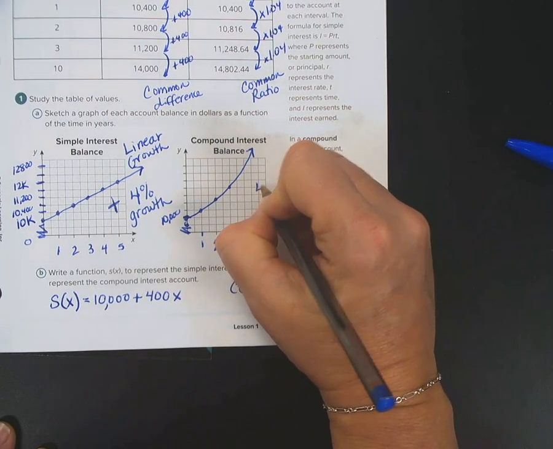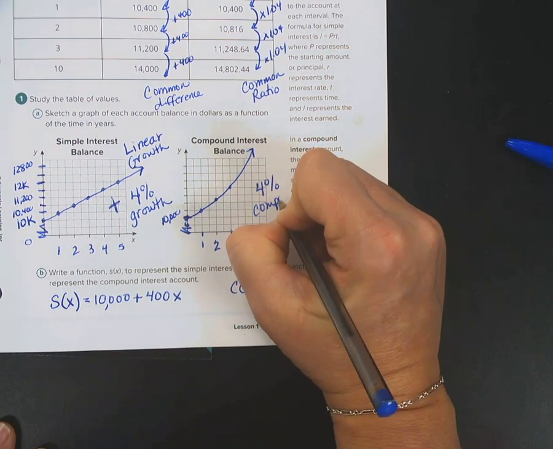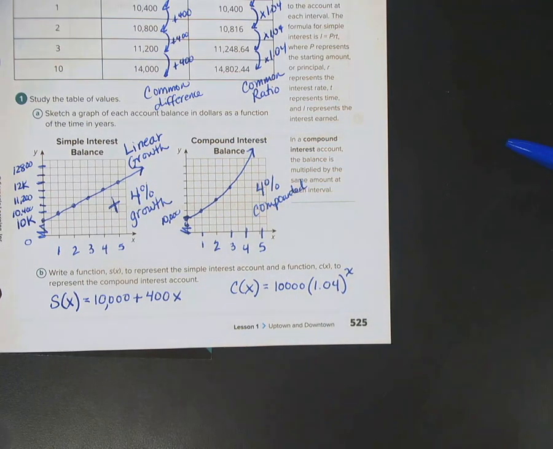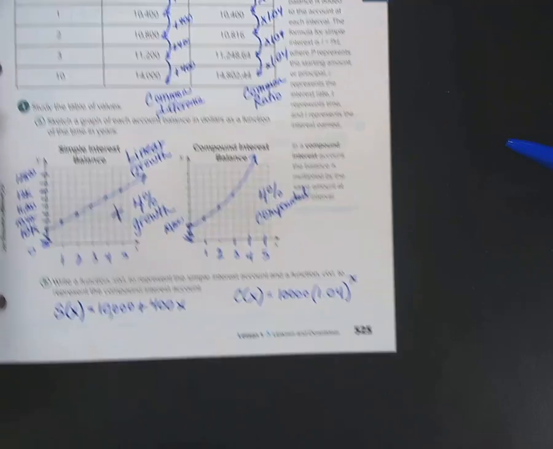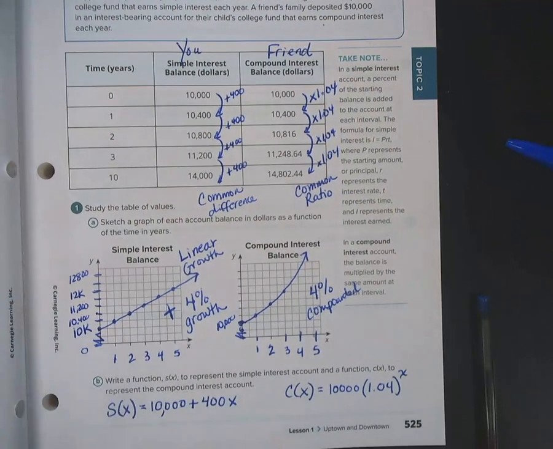It is 4% compounded every year. That means it's like that snowball effect. Okay? All right, now let's go to Desmos because we're going to see a better picture of that. And we are going to put in both equations and we're going to see exactly what happens.